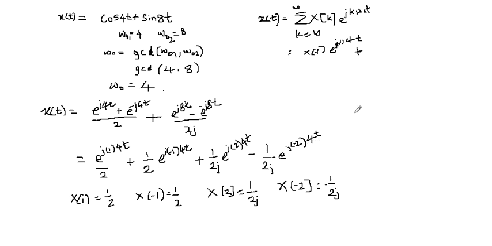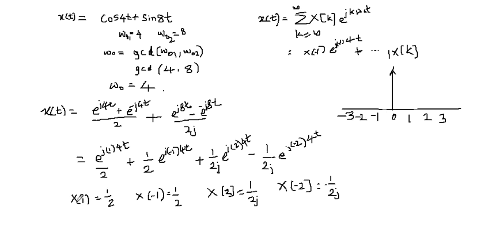When we go for plotting the magnitude plot of this one, it looks in this way. It is the magnitude plot, magnitude of x of k. Now k is 0, 1, 2, 3, and minus 1, minus 2, and so on. When k is equal to 0, its value is not there.